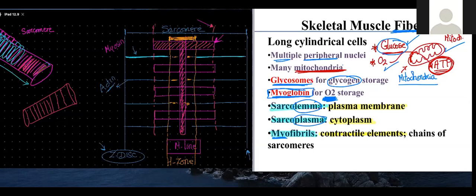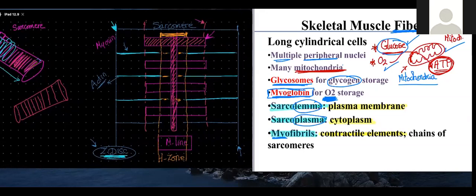Alternating again with those thick filaments, we've got those thin filaments. And if you remember, thin filaments are going to be attached at the periphery of my sarcomere by something that we've called the Z line or Z disc. So again, thick filaments are attached to one another at the middle by the M line.